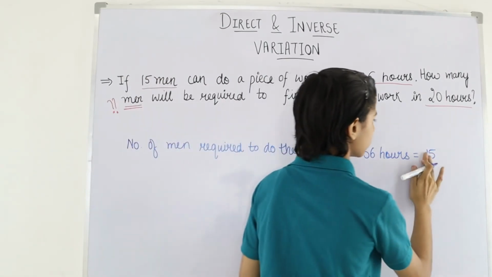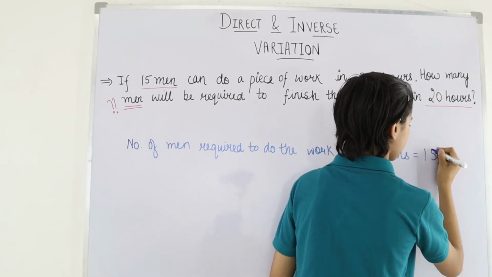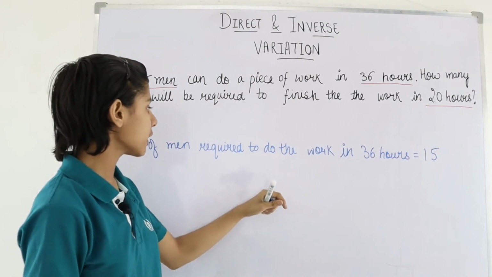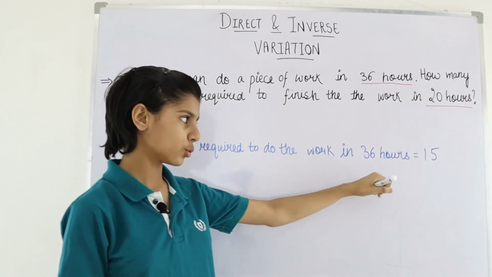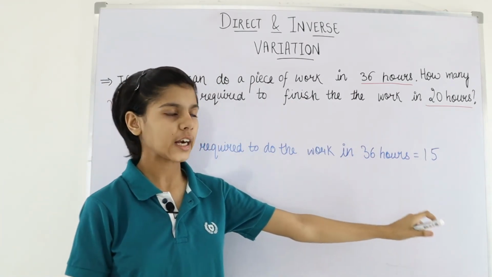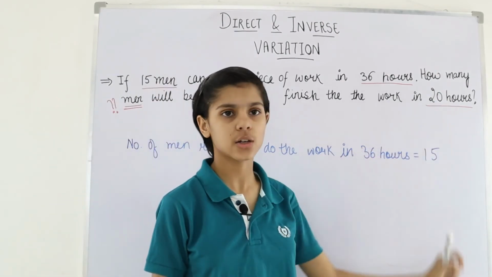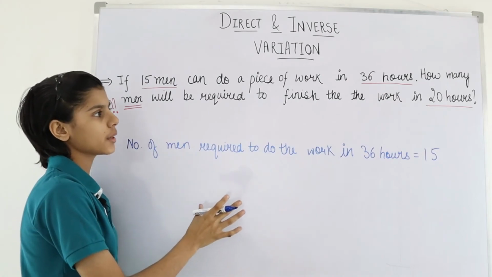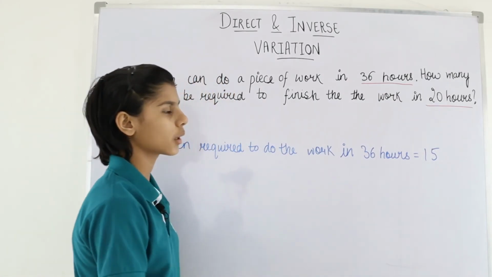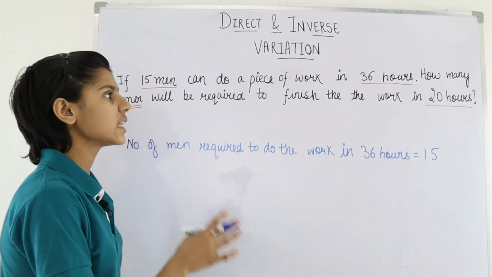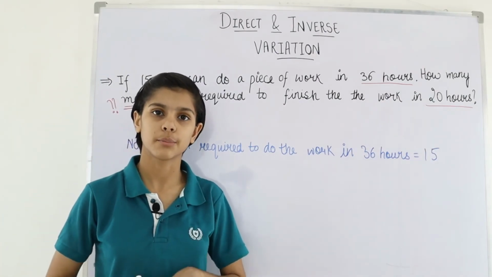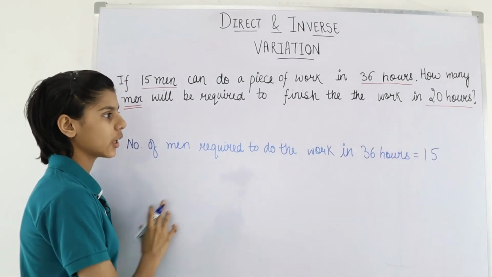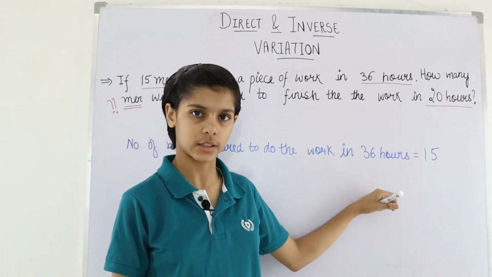We will write here 15 men. Now here also firstly we need the number of men required to do the work in 1 hour, so that we can calculate for 20 hours also. Firstly we need how many men will be required to finish the work in 1 hour, so that easily we can take out how many men will be needed in 20 hours. So according to unitary method, here also we need the unit quantity.